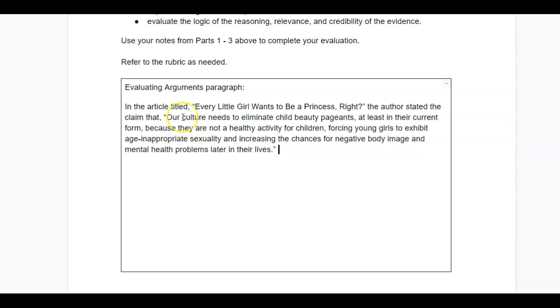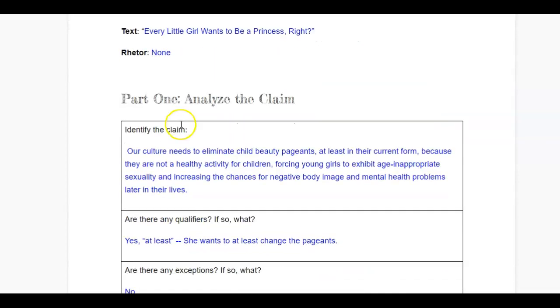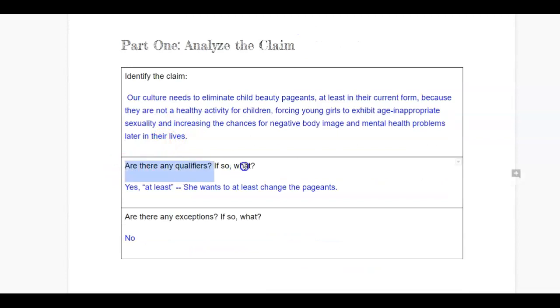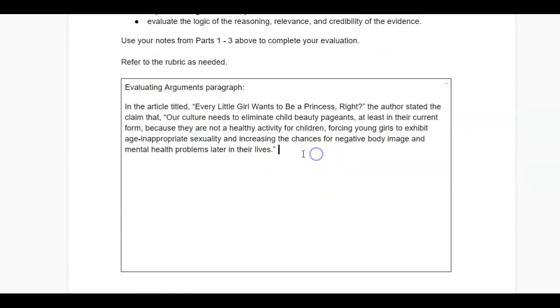Okay, so then in my chart, I'm just going back down to my chart. What's next? Next, it asked, are there any qualifiers? If so, what? So we said that in the text there is one qualifier. She wants to eliminate beauty pageants for everybody, or at least in their current form. So up in my paragraph, I can talk about this idea. So I'm going to copy this up here just so that I can see it.